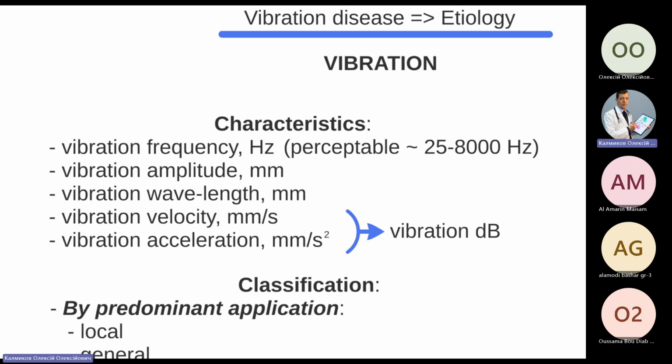So again, returning to the matter of our lecture, the main parameter which I'd like you to remember, with which you may clinically and significantly measure the vibration, is vibration intensity measured in decibels.